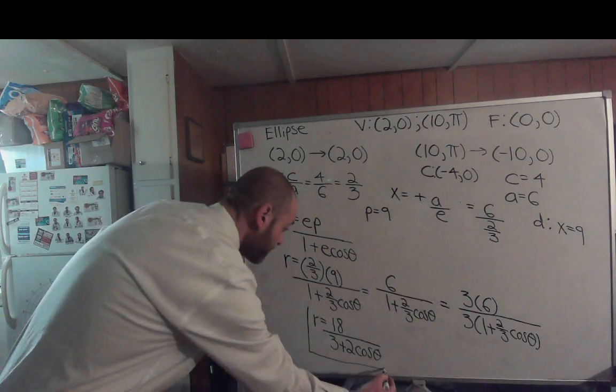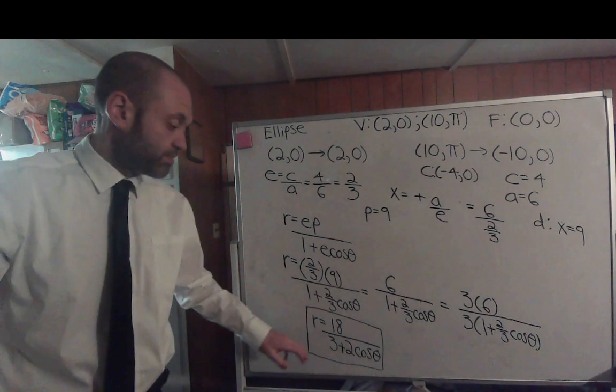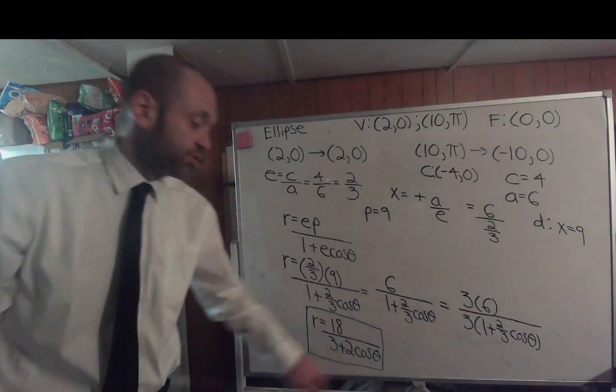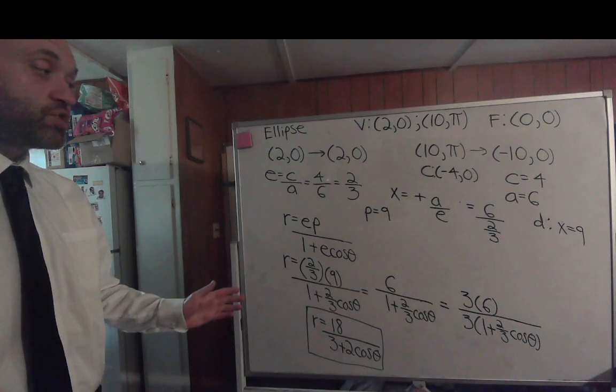So the polar form of this equation should end up being r equals 18 over 3 plus 2 cosine of theta, once we found all our information.